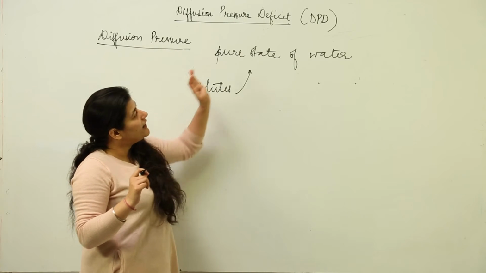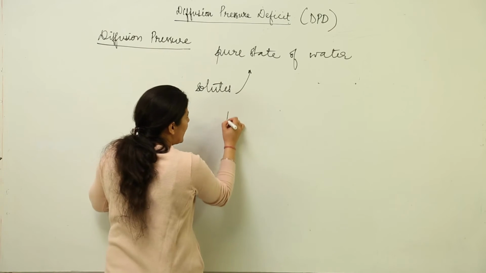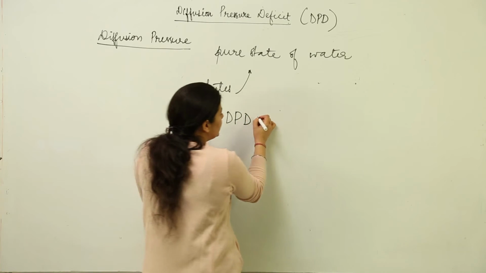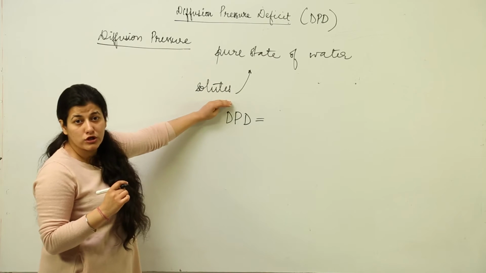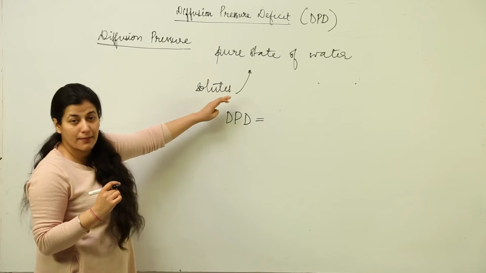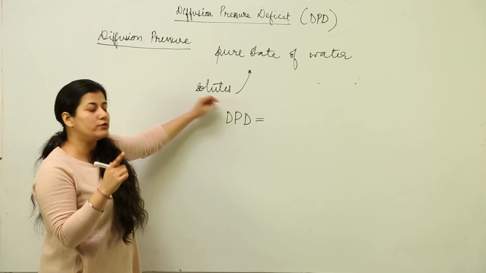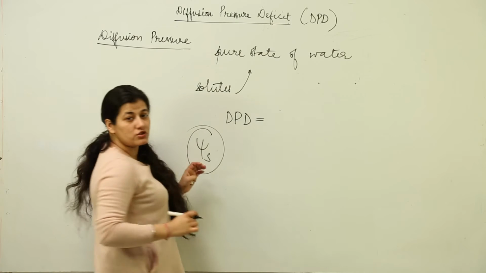So understanding the DPD in terms of osmotic pressure, the value of the deficit that is being created inside the solution would depend on the number of solutes, and when we talk about the number of solutes, we are talking about solute potential, and when we talk about solute potential, we often consider it in terms of pressure.